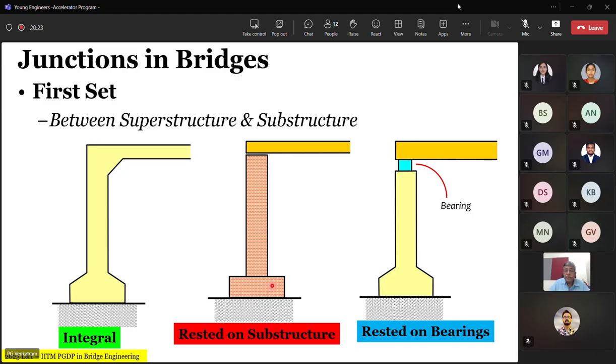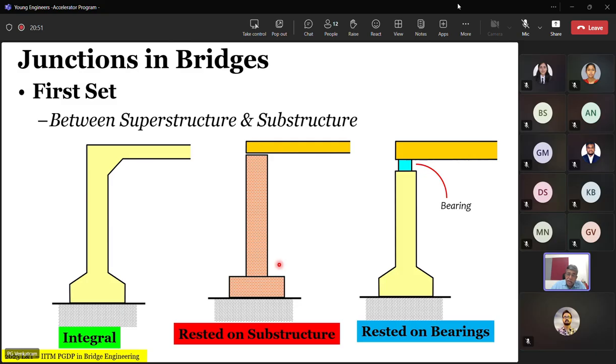Now, we have the junction between superstructure and substructure. We could have an integral junction. Integral means a deck and the substructure in which there is continuity for force transfer of all types, whether it is shear, bending, torsion, displacements, etc. Or you can have a superstructure rested directly on the substructure, or you can have a superstructure rested on bearings.